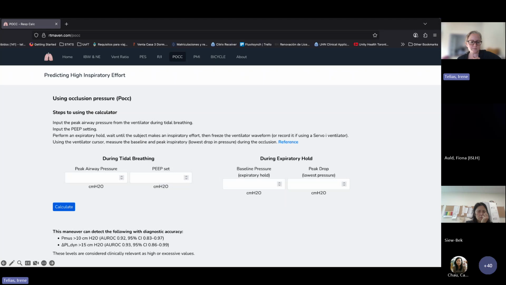So the peak airway pressure, for example, if the pressure support is 5, PEEP is 5, peak airway pressure will be 10. The PEEP is 5. Baseline pressure when you perform the end expiratory hold is usually the same value as the PEEP. And then what's the value of the peak drop? And then you press calculate, and it will give you the values.